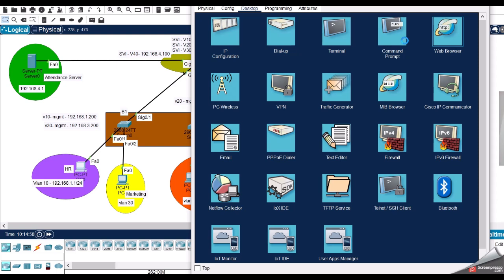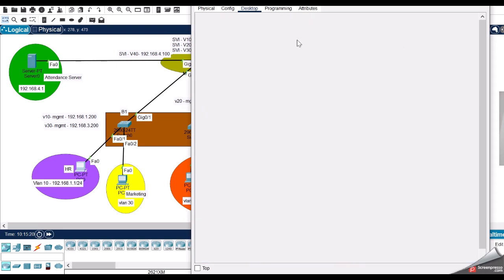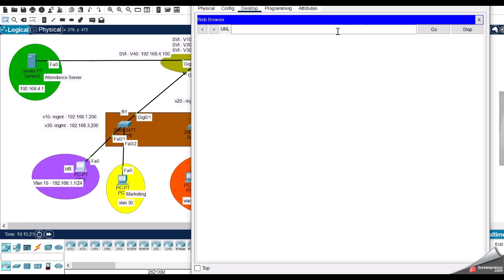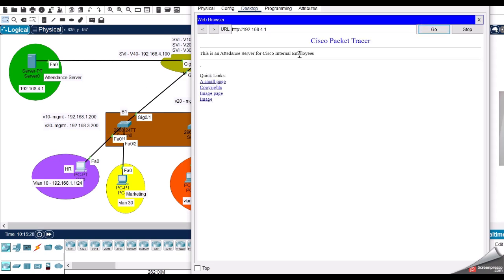I type http://192.168.4.1, which is my attendance server from the Cisco company, and now I am able to browse it.